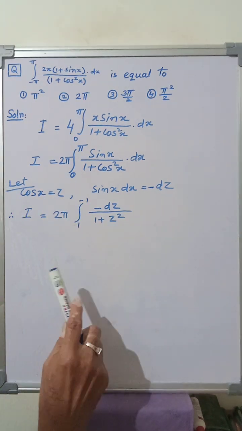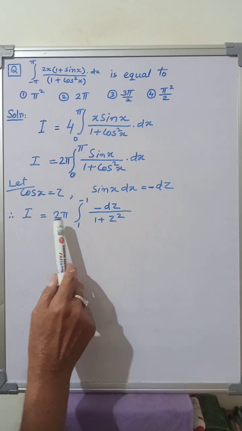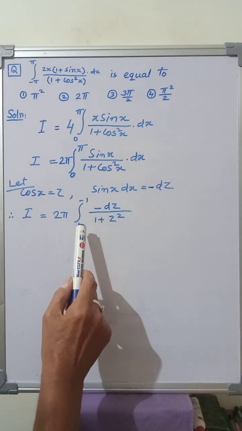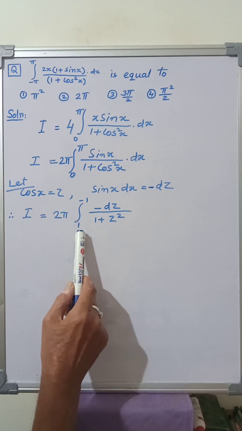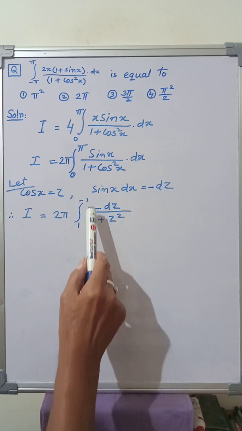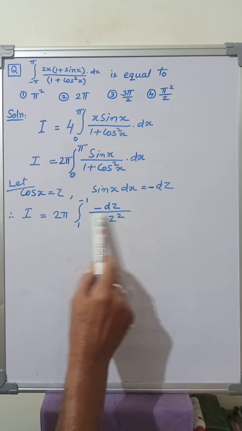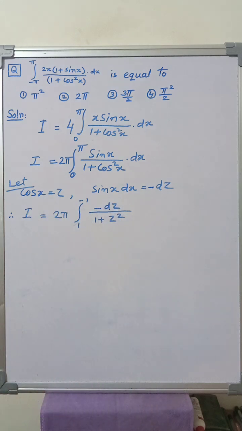Applying the substitution we get I is equal to 2 pi, integral between limits 1 to minus 1 of minus dz divided by 1 plus z square.